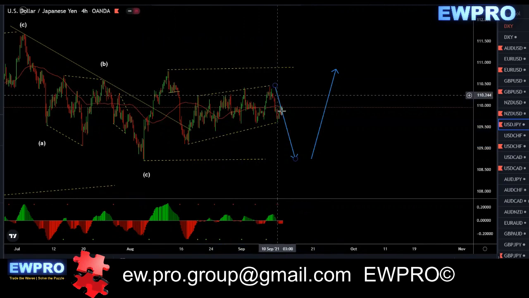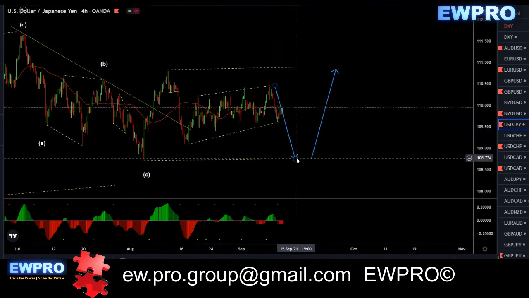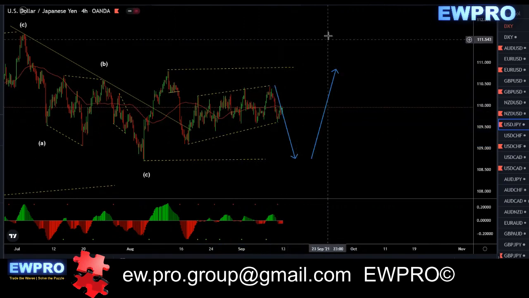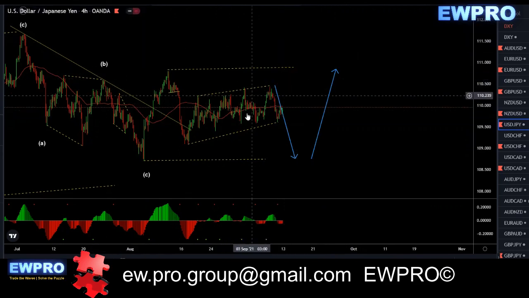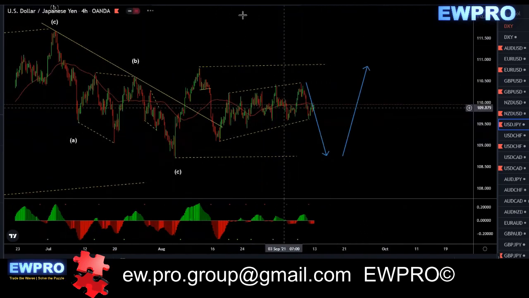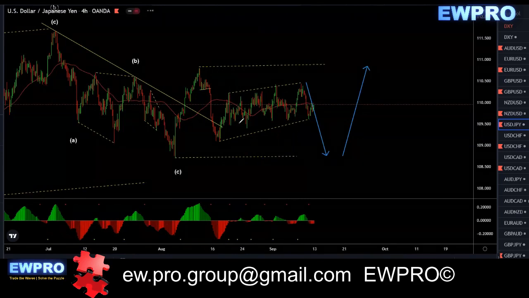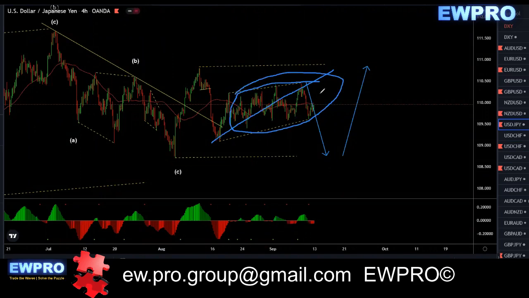Does this one come down from here and then give us that C up, or do we get another one up here? We simply don't know because it's so choppy. We have to look at all this as a B wave, because you only have to look at the price action to see that it's a B wave. So eventually we will get this one down, and then we want that buy.